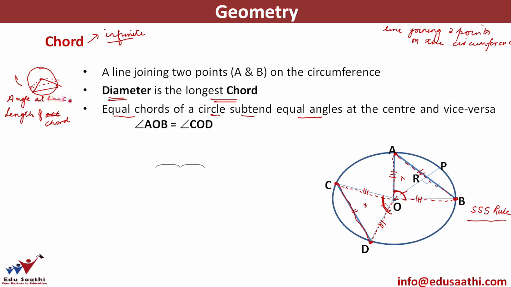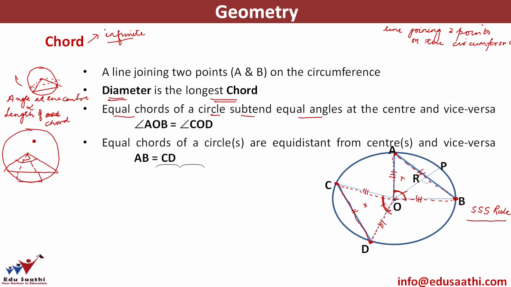Angle subtended at the center is directly proportional to the length of the chord. So the longer the chord, the larger will be the angle subtended at the center. The shorter the chord, the smaller will be the angle subtended at the center. So equal chords subtend equal angles at the center. That is what I want to say.